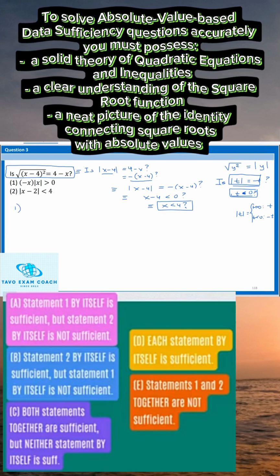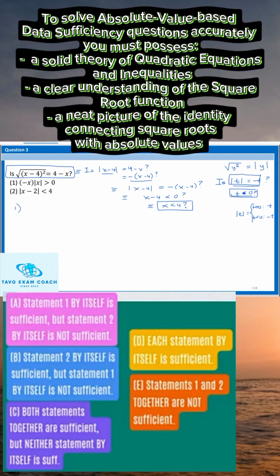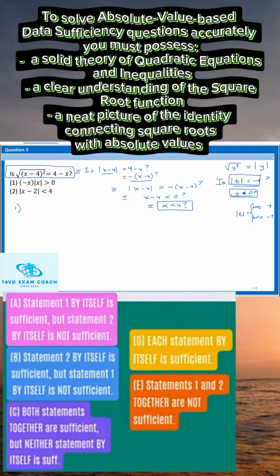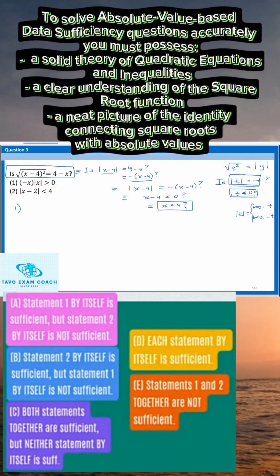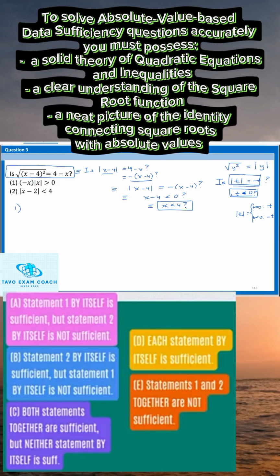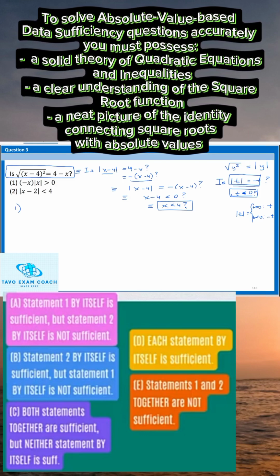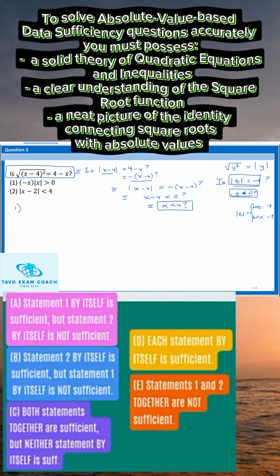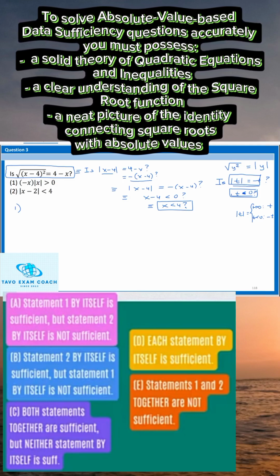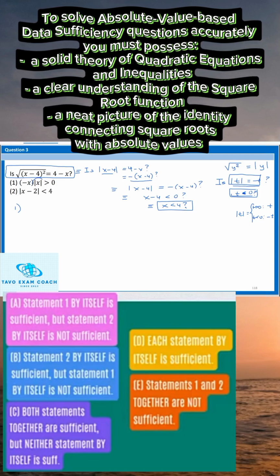Statement 1 holds that the product of these two factors is positive. Well, we know that a product of two factors being positive implies that the two factors must possess the same sign. They are either negative or positive, the two of them. So, consider what is the sign of an absolute value.